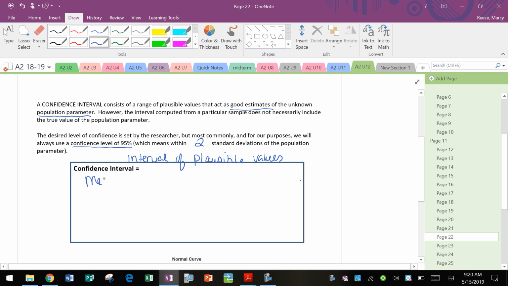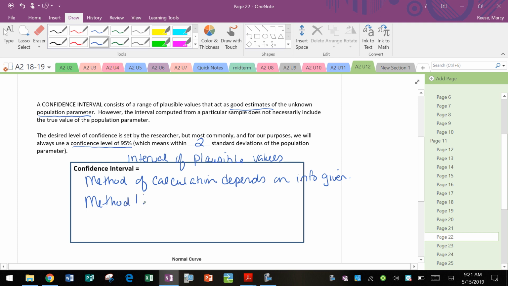So the method of calculation depends on the info given. Let me say it that way. On the info given. So, depending on what the Regents question gives you, basically, you've got to know both methods, because you got to be able to do it both ways. So you're going to see both today.